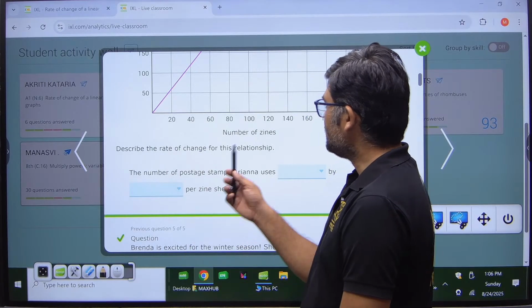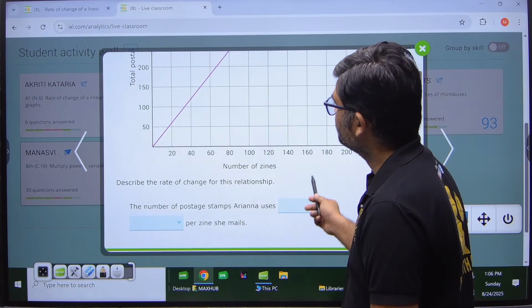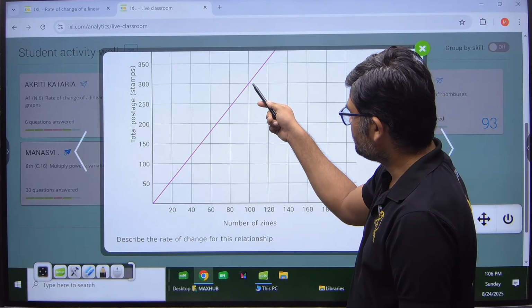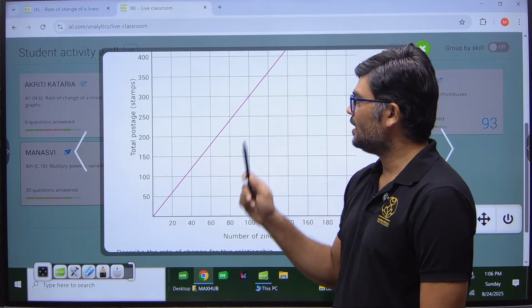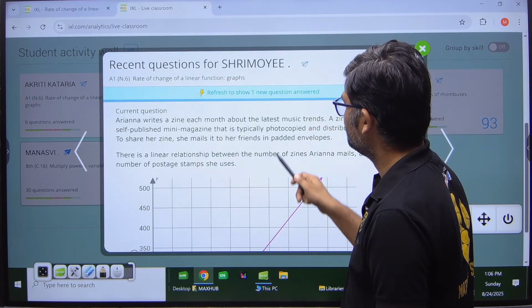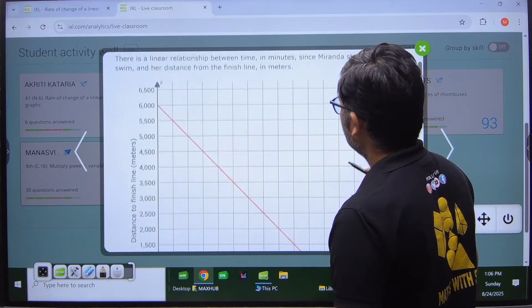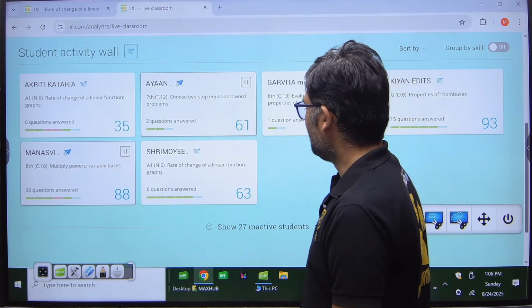So is it increasing? So the another point is this one, 100 comma 300. Can you see that? Okay, you have done this and done this right. Good one. Great going, Shrimoy.